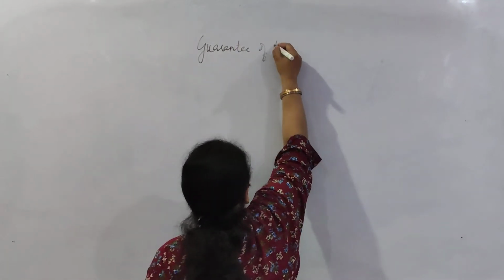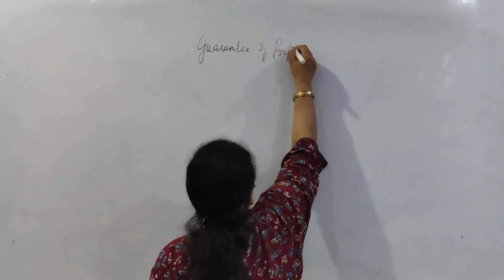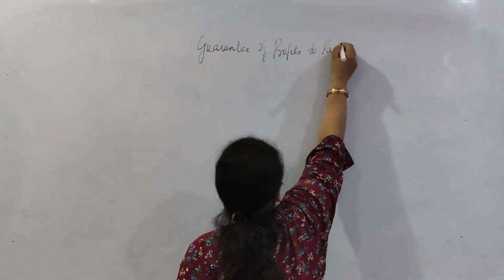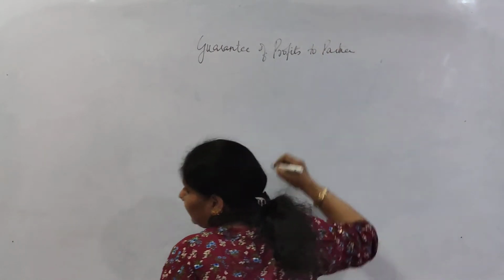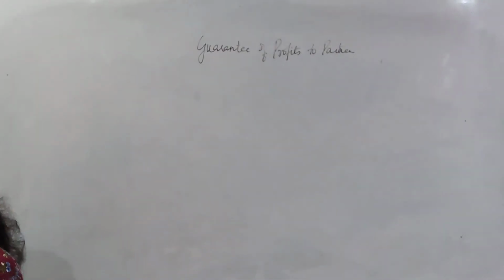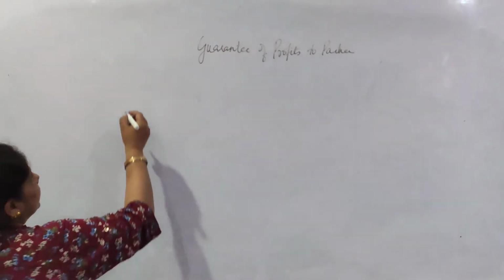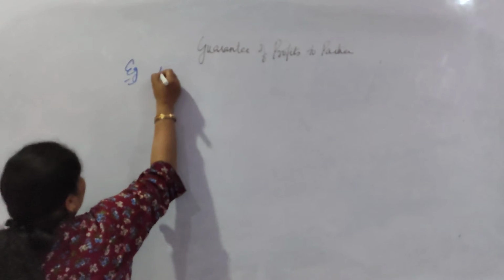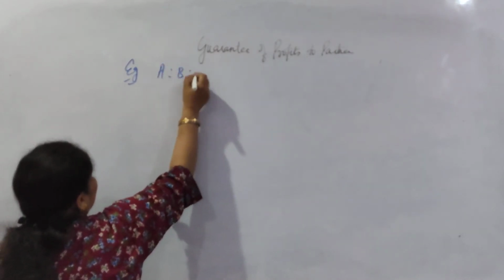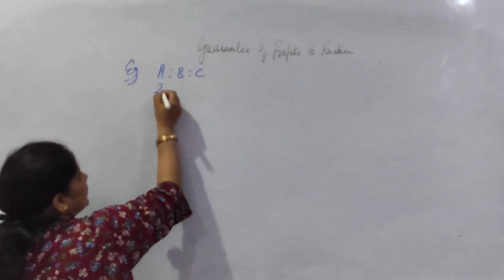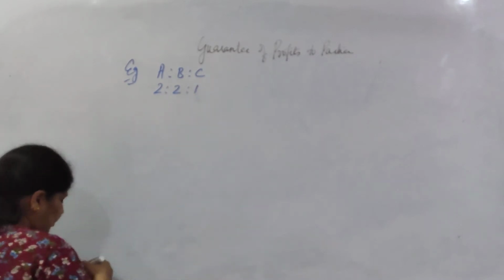Guarantee of profits to partner. Guarantee can be given to one partner, two partners, any of the partners. Example. We will take an example. A, B and C are partners sharing profits in the ratio 2:2:1.